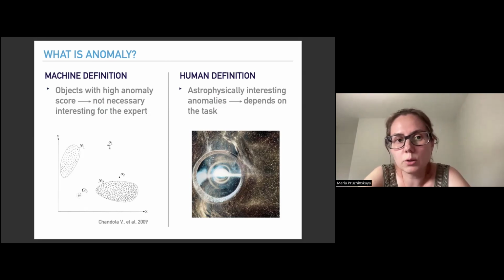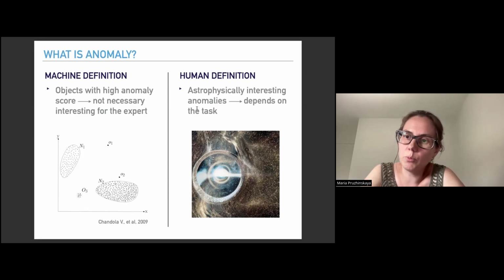Also, as outliers, the algorithm could point out some artifacts on the CCD, or in your data processing, and this is again not an astrophysical object.